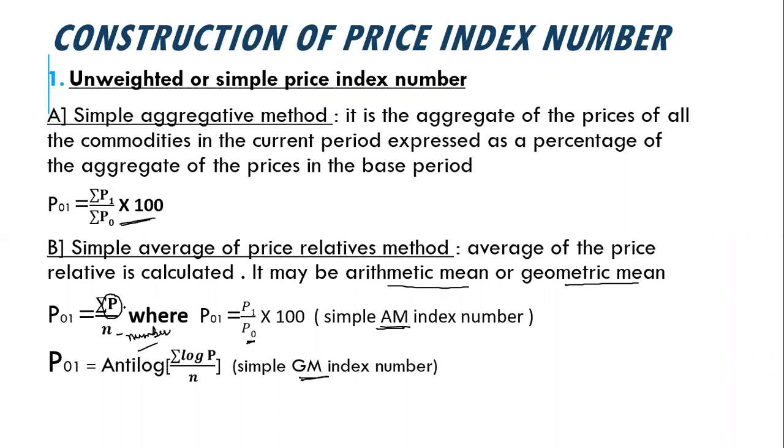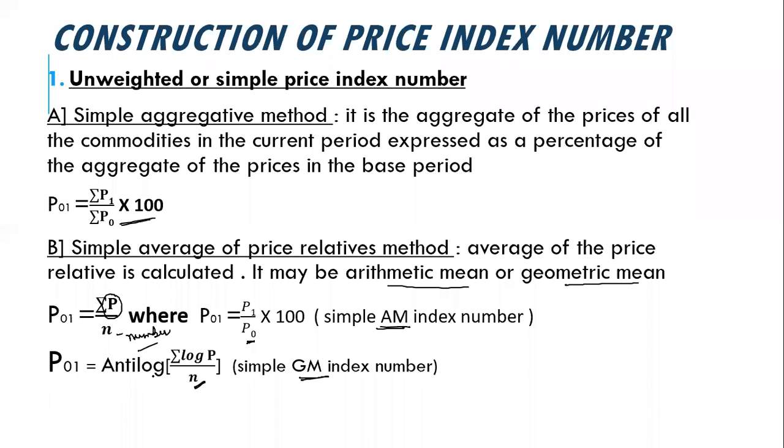Then looking at the log table we get log P, and the total of that log P we call summation log P. So whatever the answer we get, we have to divide it by the number of products, that is N. The value you get, you should again look up in the anti-log table.